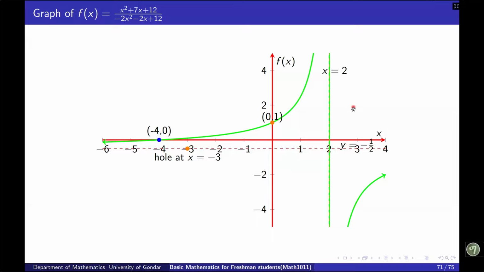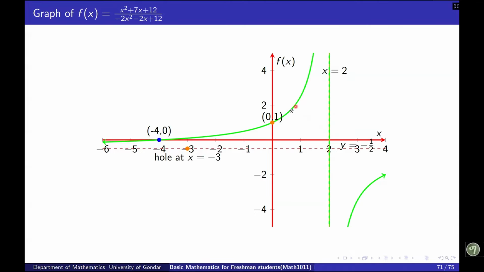So the property of the graph near the vertical asymptote x equal to 2 will be, from the right, the graph approaches the vertical asymptote and it approaches the horizontal asymptote from below. Similarly, from the left side of the vertical asymptote, when x approaches 2 from the left side, its functional value will increase indefinitely.